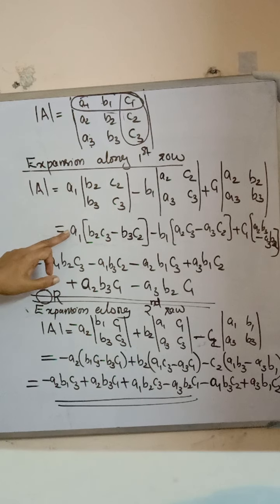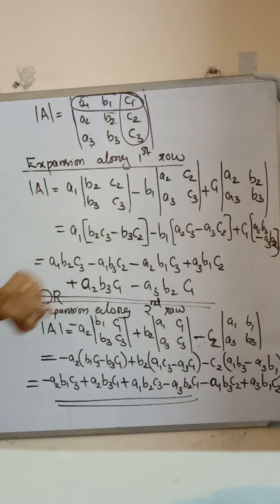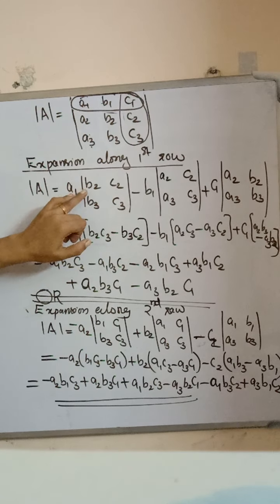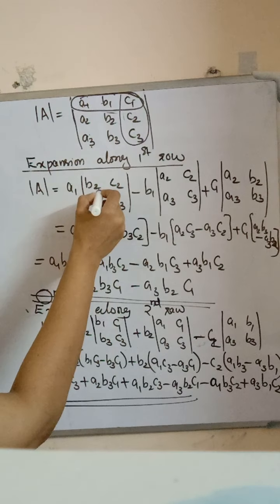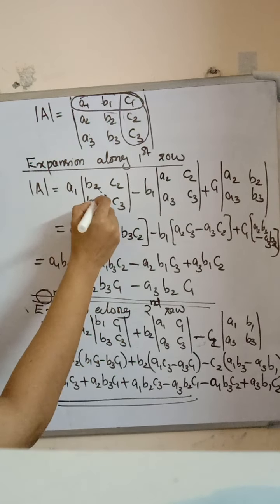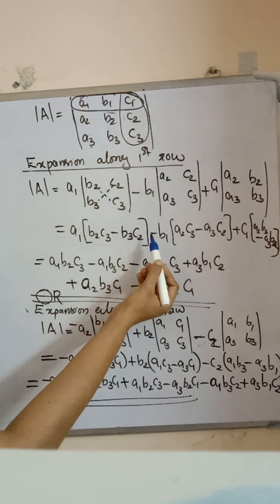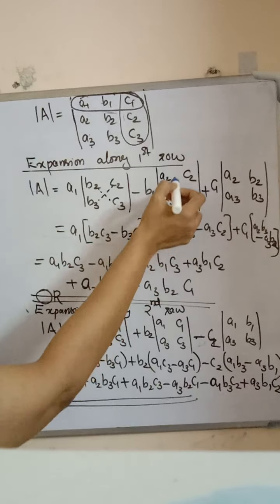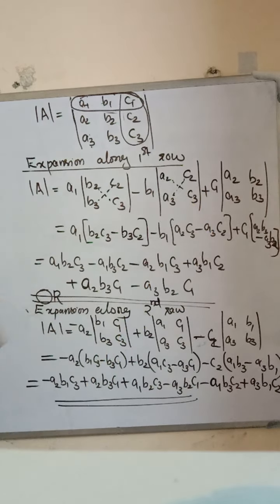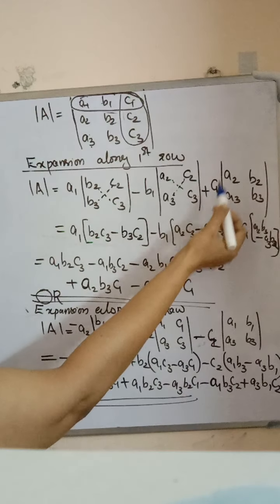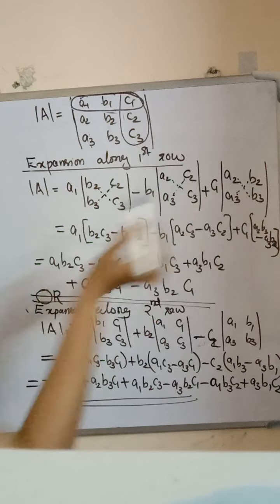Then a1 into the determinant, here a 2 cross 2 determinant, so we can find it as b2 c3 minus b3 c2. Minus b1 into a2 c3 minus a3 c2, plus c1 into a2 b3 minus a3 b2.